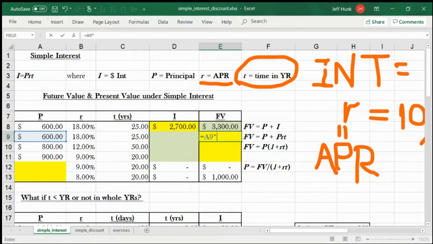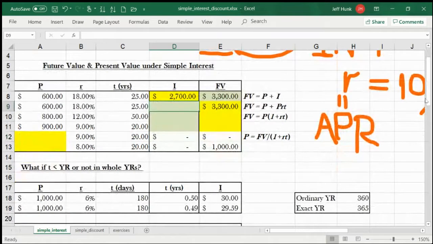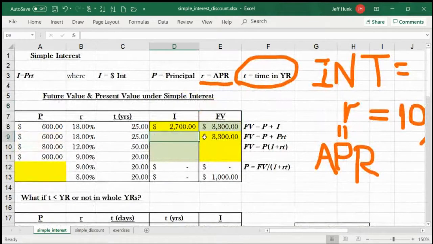P times, so it's 1 plus R times T. Of course, we will get to the same result as row A, and there you go. Then, what about the interest? Well, if interest is the difference between the future value and principal, isn't that right?